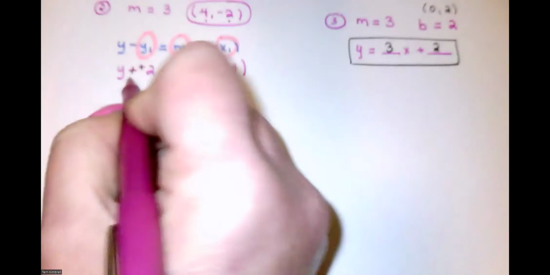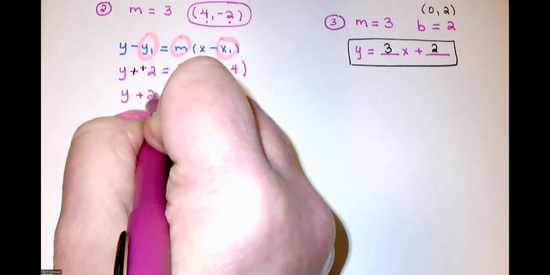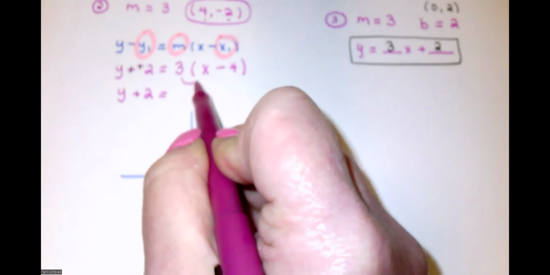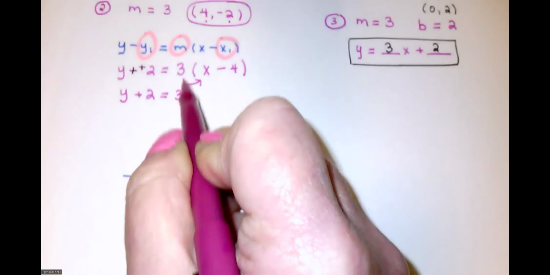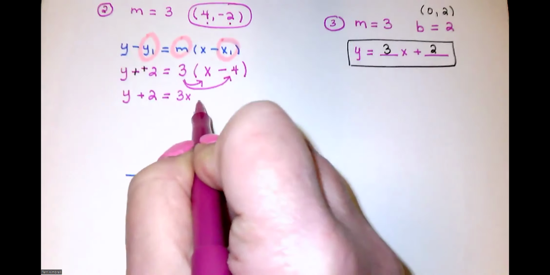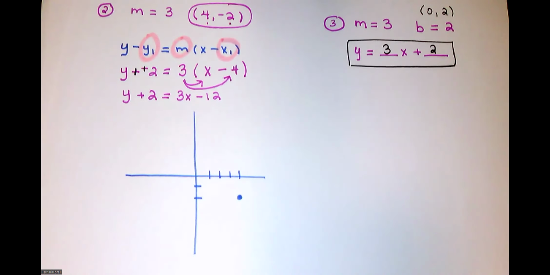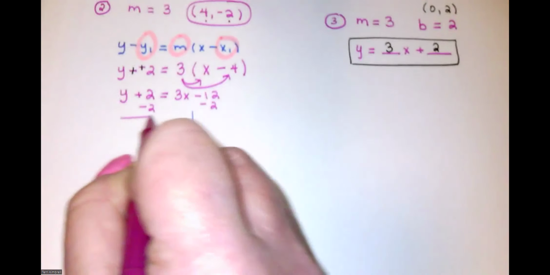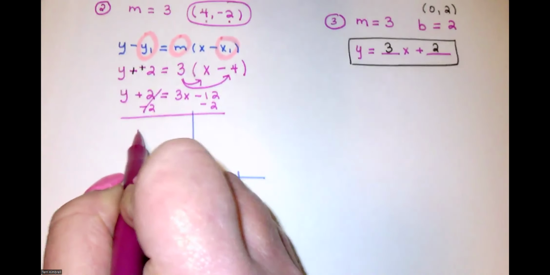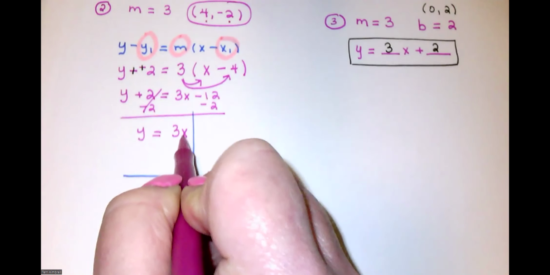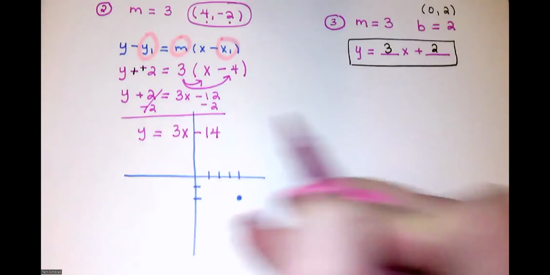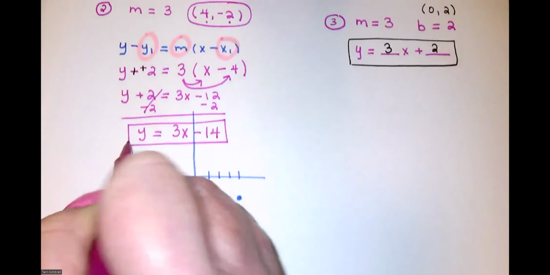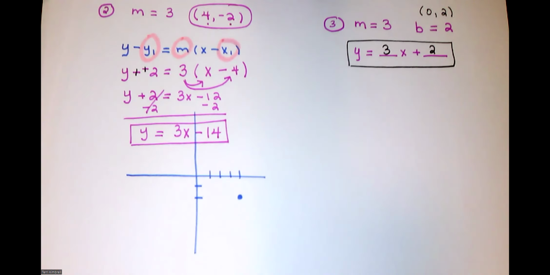Now you're going to distribute your 3. So you have 3x minus 12. Now we're going to subtract the 2, and you're going to get 3x minus 14. So notice that that y-intercept is going to be way down at negative 14.